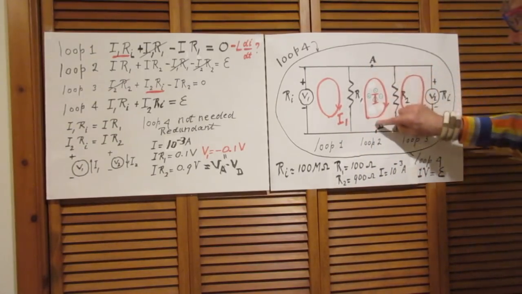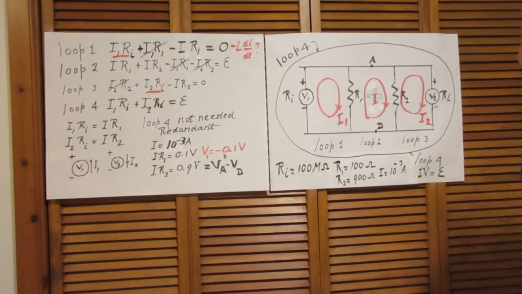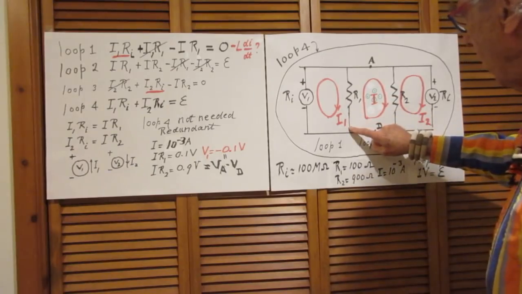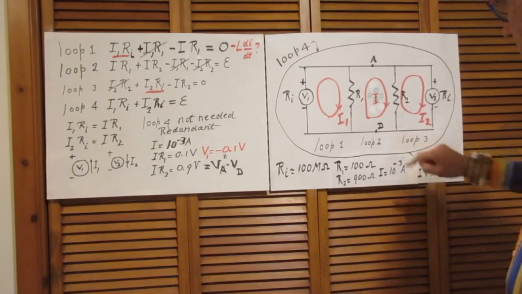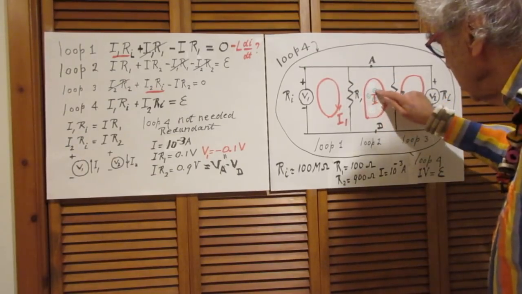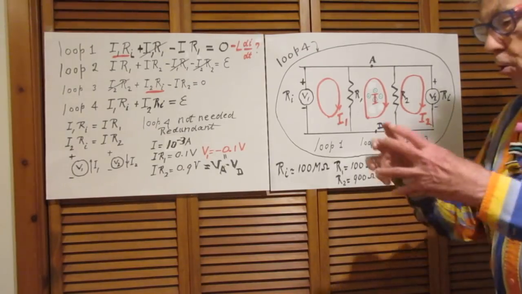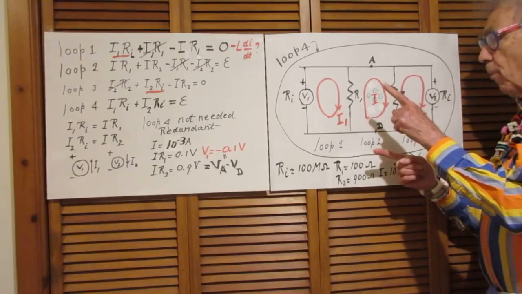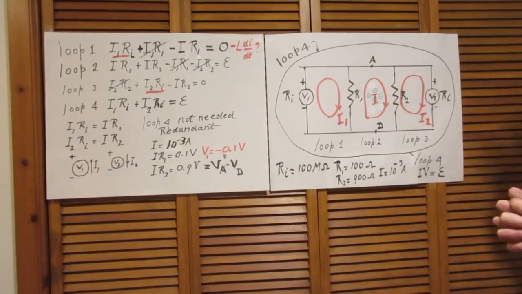So both are attached to point A and point D. Here is a resistor R1, here is a resistor R2. And right inside this area we put an electromagnet. It's a long one, at least 30 centimeters long. It sticks out of the board at least this much and goes into the board.